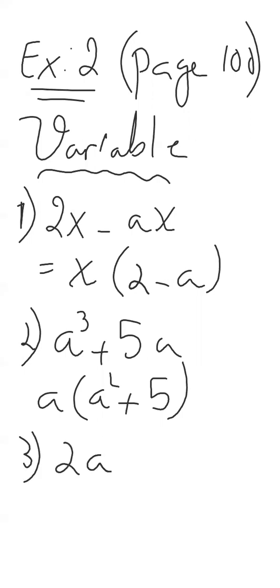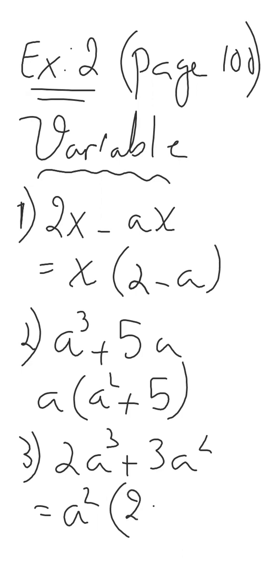Part 3, 2a cubed plus 3a squared. Always with respect to the common variable, the common factor is a squared, the lower exponent. So here the lower exponent is a squared. If we take a squared from it, I still have 2a plus what?